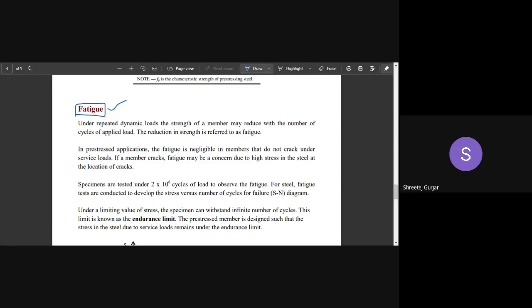So there is no change of stresses, no stress reversals. Stress reversals mean from compressive stress it goes to tensile stress, and again from tensile stress it comes to compressive stress. Whenever there are stress reversals, fatigue occurs.